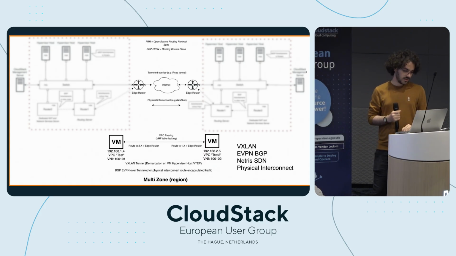So yeah, we've got a 1.4 VM on the left side, so let's say Alkmaar, and we've got a 2.5 address VM on the other side, and they're able to communicate to each other through those edge routers over that interconnect, be it physical or tunneled, using that EVPN BGP learned routes that are then leaked to each other, to each other's VRFs.